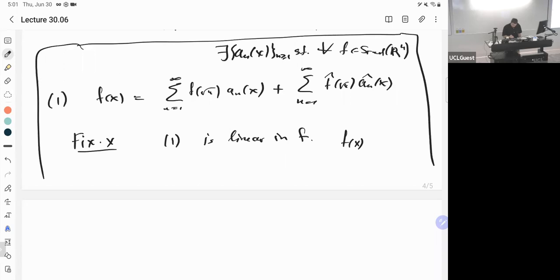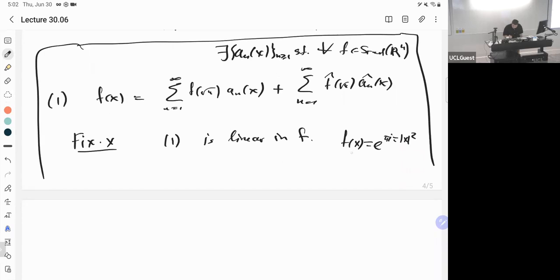This identity that we want to prove, we don't know that it's true for anything, but it's linear, so it's enough to prove it for a large collection of things. And it's an exercise, but not for this course, more for a course in functional analysis, to prove that this actually does the job.